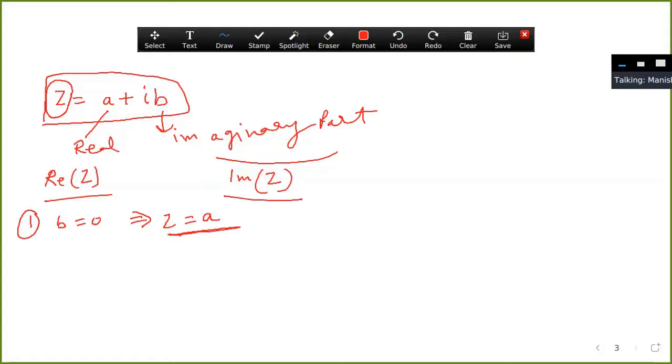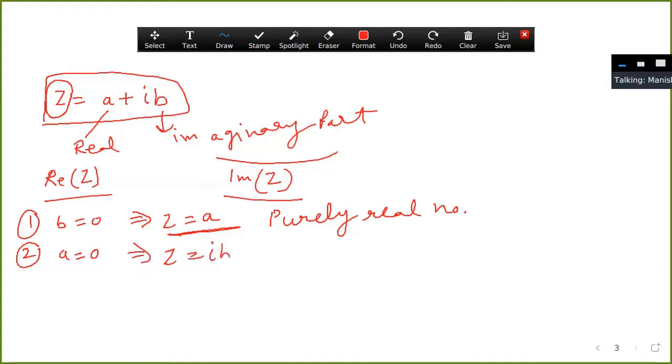Just write down this is a purely real number. Second case, if a is equal to 0, then z will be equal to iota times b. What does it mean? It is a purely imaginary number.